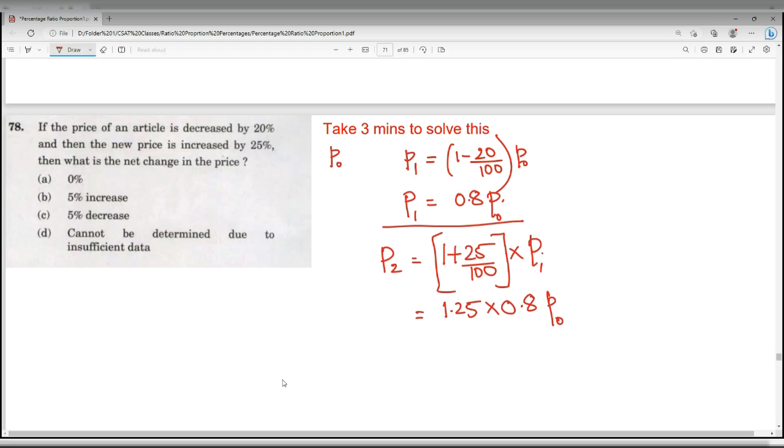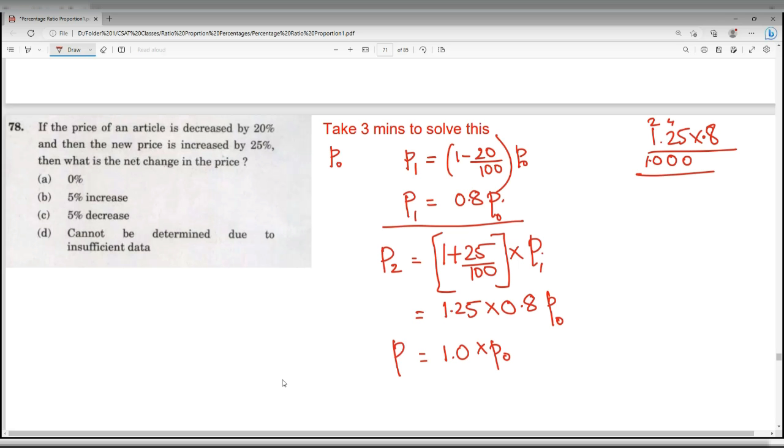If you want, you can multiply here: 0.8 times 5 is 40, 0.8 times 2 is 16, 0.8 times 1 is 8. Adding gives 1.000, so this is 1 into P0.